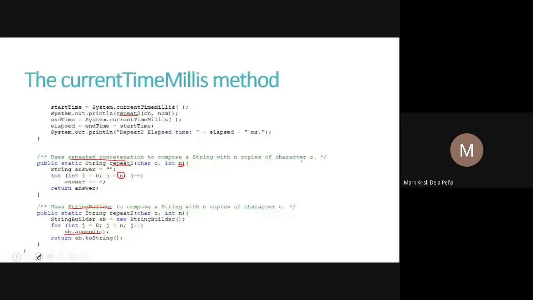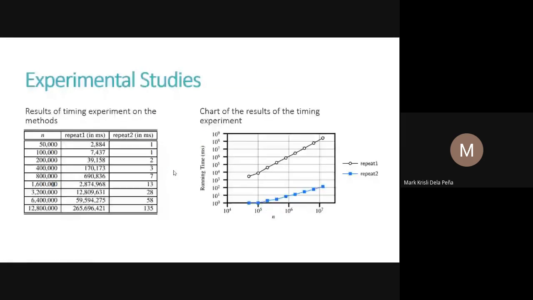Now, based on the book, these are the data. I tried to run this with 50,000 n, but the computer hung for a bit.